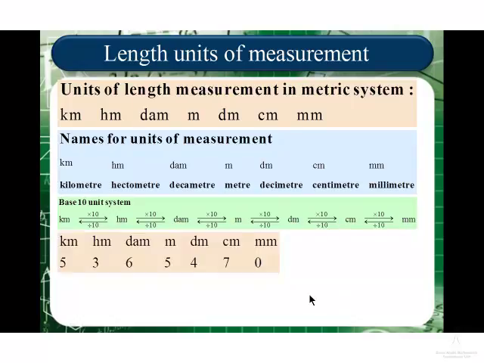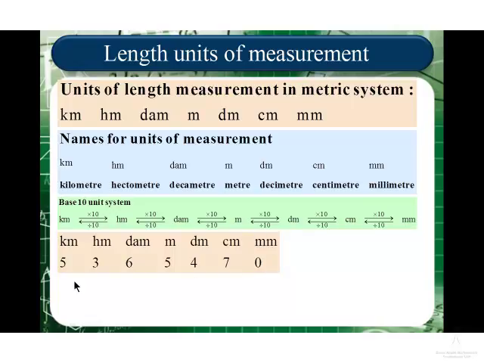Now let us have a look at a case where we represent 5,365,470 millimeters. The units digit always carries the decimal to the right of the 0 in this case, and it is linked to the unit millimeters.